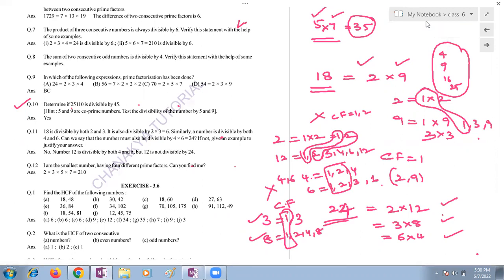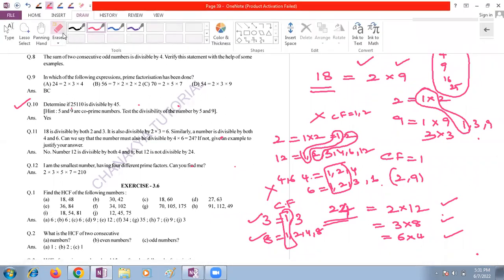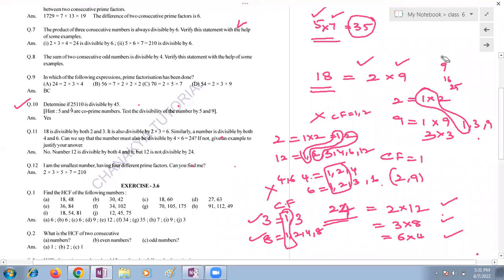Ma'am, but for 4 we have a rule and for 9 also we have a rule, right? Yes, we have the 4 rule and the 9 rule. Those are simple numbers, let's leave them. Go to 16, 25 and other bigger square numbers.